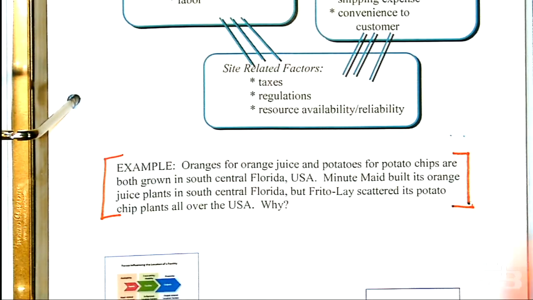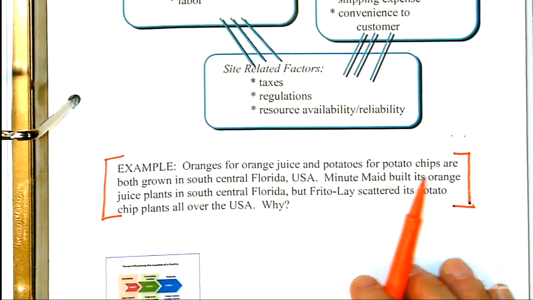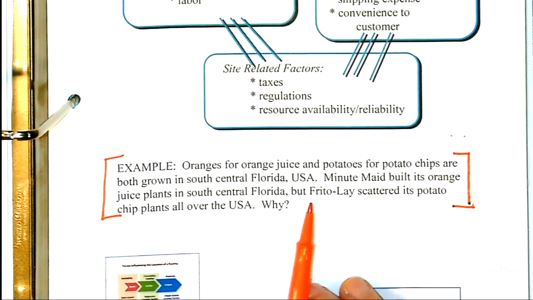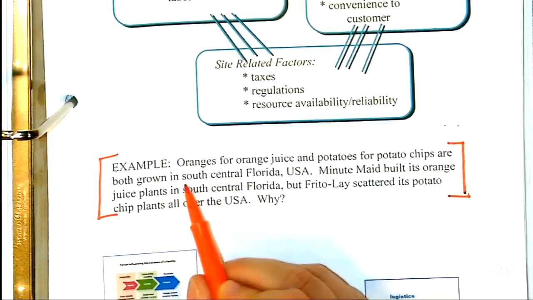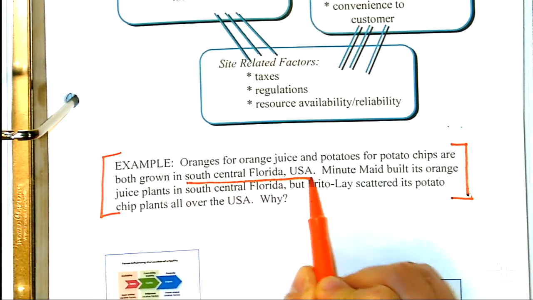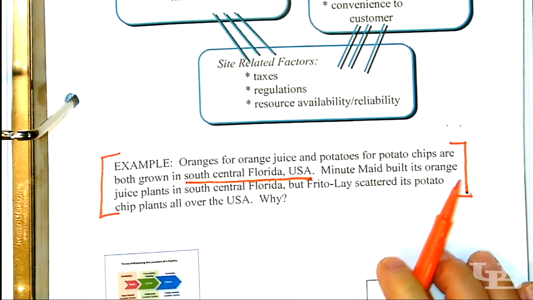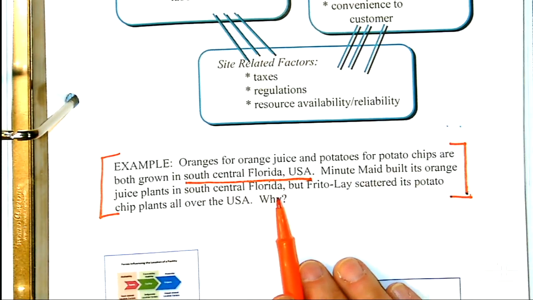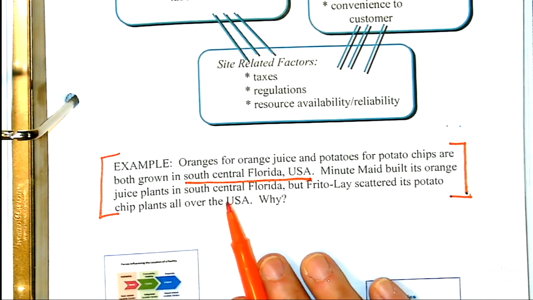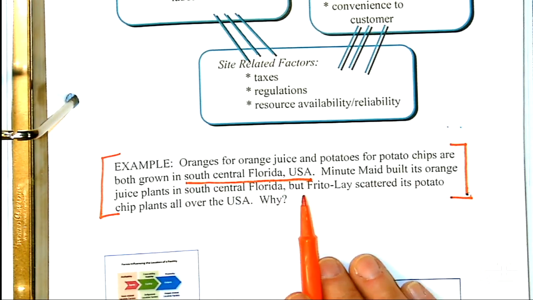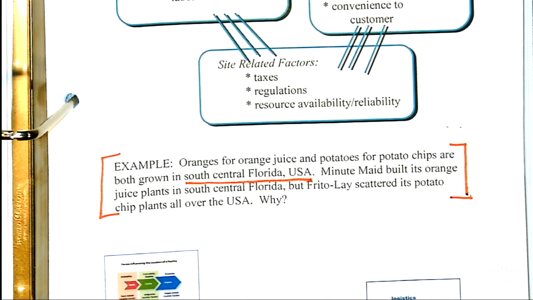Okay, let's look at this. Oranges for orange juice and potatoes for potato chips are both grown in South Central Florida. I just happen to know that because I went to school in North Florida. Minute Maid built its orange juice plants in South Central Florida, but Frito-Lay scattered its potato chip plants all over the United States. Why?